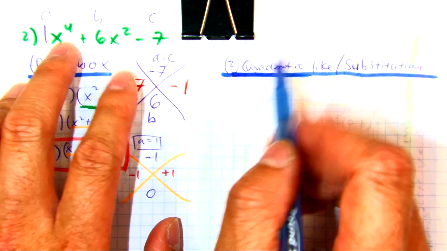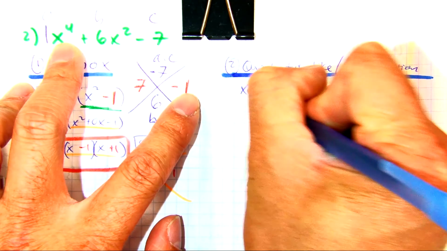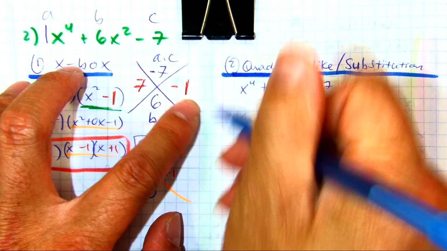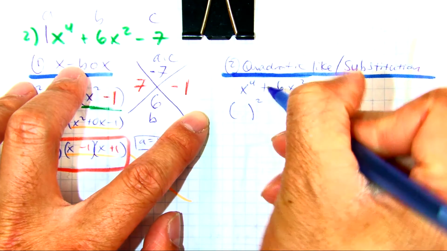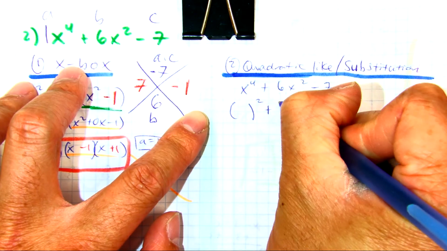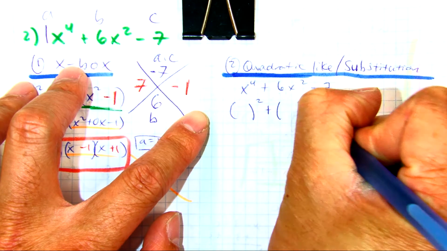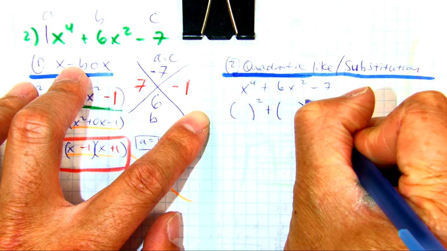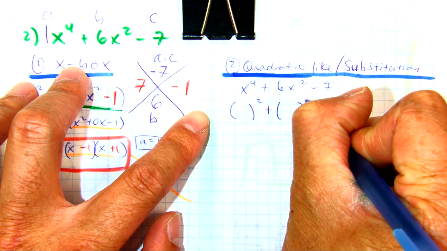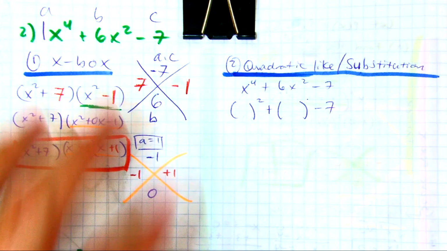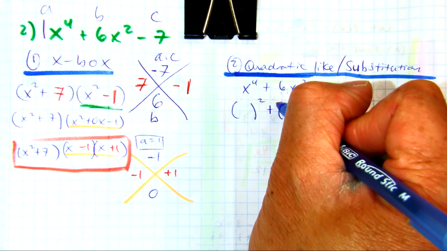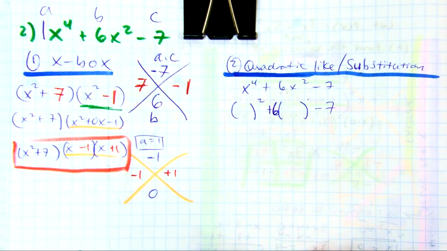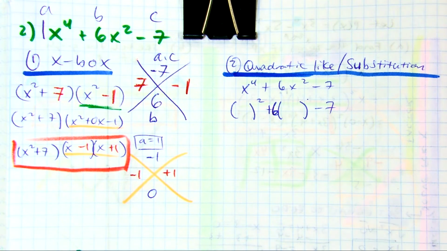So I have, let me write the original problem, x to the 4th plus 6x squared minus 7. And if I want to make this quadratic like, I have to put something into the parentheses. Parentheses squared plus 6 parentheses minus 7. Class, what do you think I can put in the parentheses?